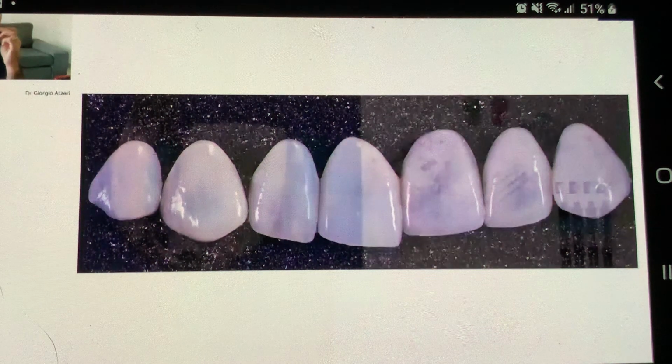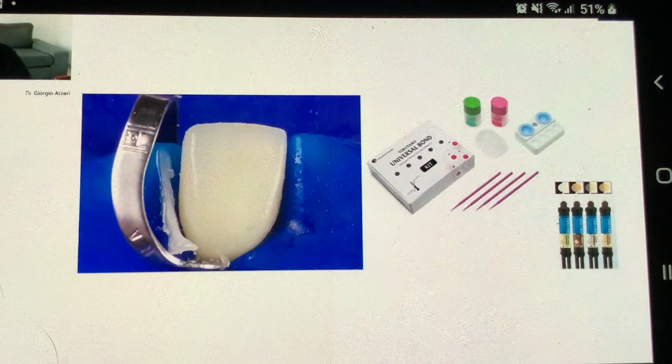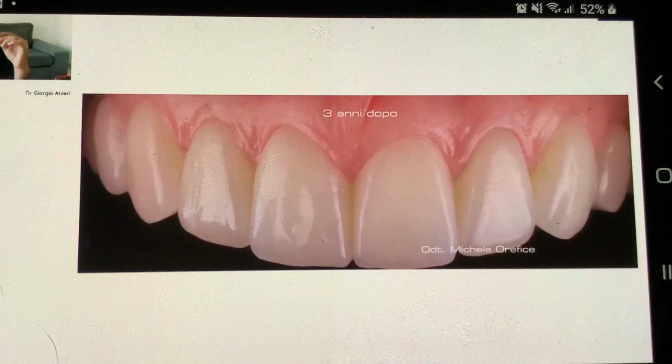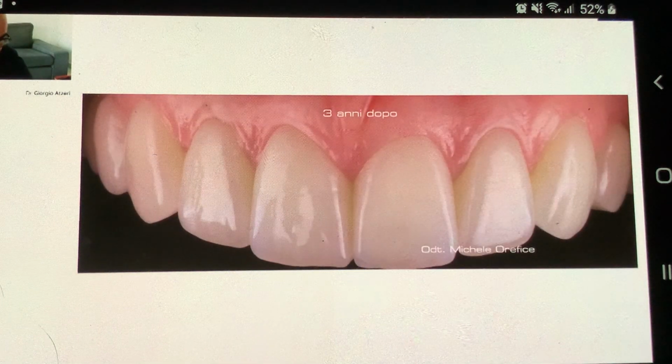These are the preparation of the teeth. These are the veneers. So by using these tools by Tokuyama, they are universal bonding for the teeth and for the ceramic, of course treated with etching before, and the various cements.